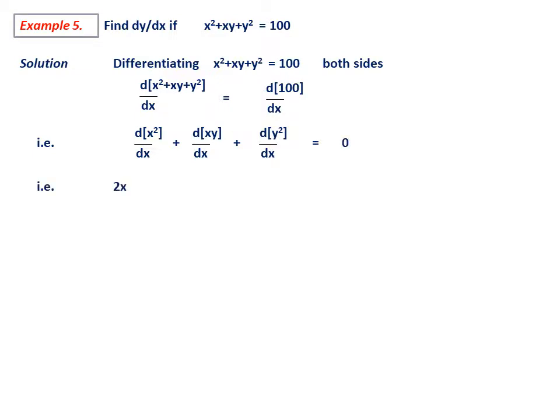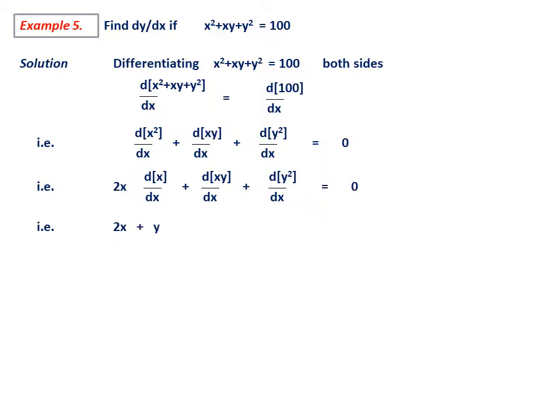Now the first one is 2x, plus the second one is d by dx of xy. Actually, the first term, d by dx of x, is not even necessary, because directly d by dx of x square is 2x only, but I have written d by dx of x, it is not necessary actually, plus 2y equal to 0.